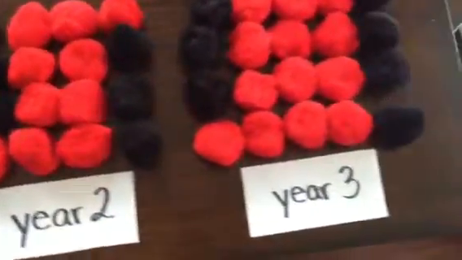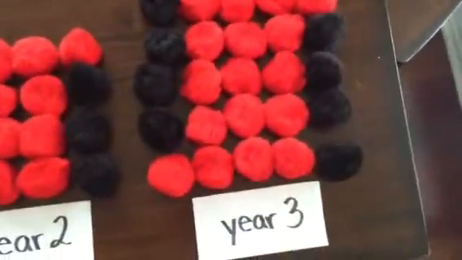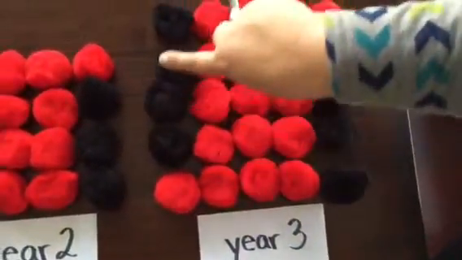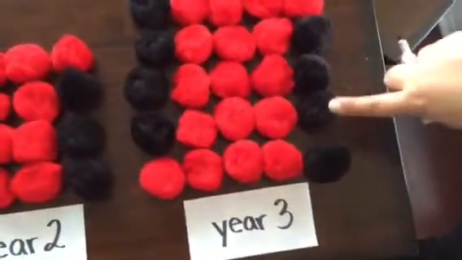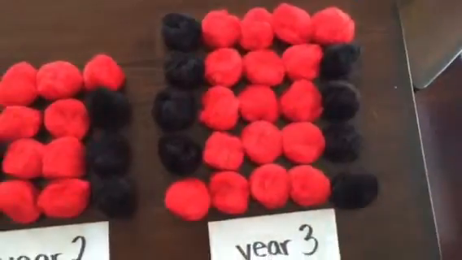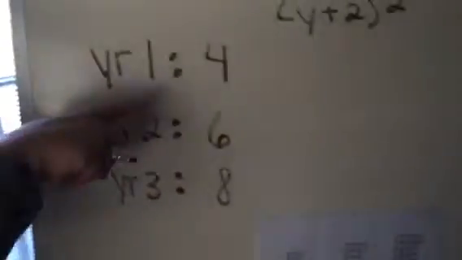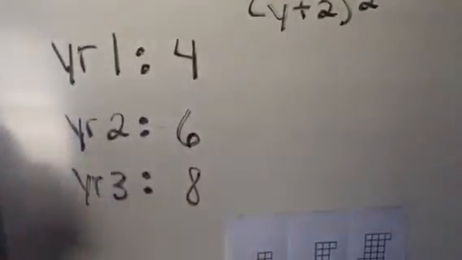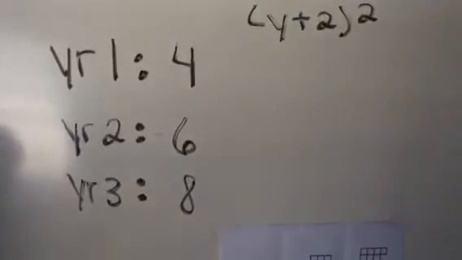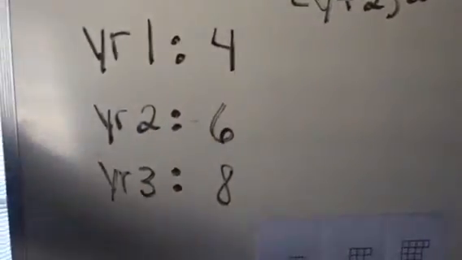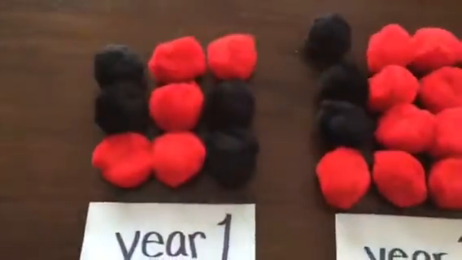For year 3, we added 8 units. Because there's no obvious relationship between the year and the number of units added, let's take a look at the sections that were added. There were 2 equal sections added to each square.